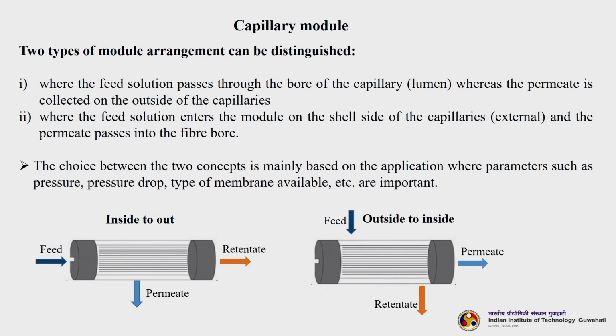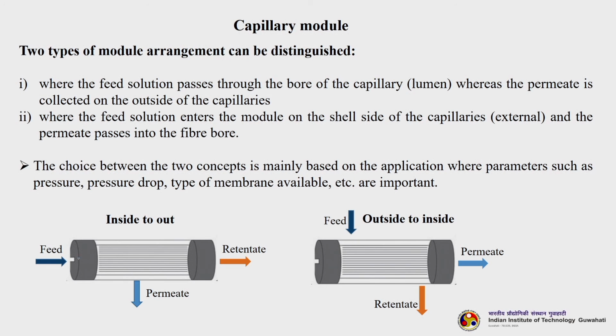Two types of module arrangement can be distinguished for capillary modules. The first one is inside out, the second one is outside to inside. Let us understand what these are. In the first, inside to out, the feed solution passes through the capillary or lumen, whereas the permeate is collected on the outside of the capillaries.